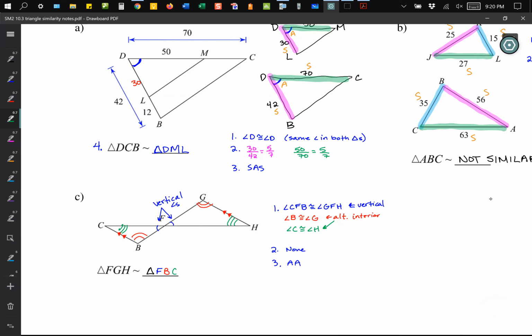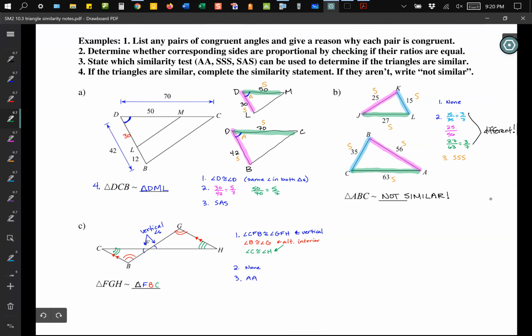List the angles, tell me how you know, tell me about the sides, simplify your fractions, and yes, I do need to see the original fraction and the simplified one. Tell me which test it is, write either the similarity statement or write not similar. So I need to see all of this in order for you to get credit on the front of the homework.